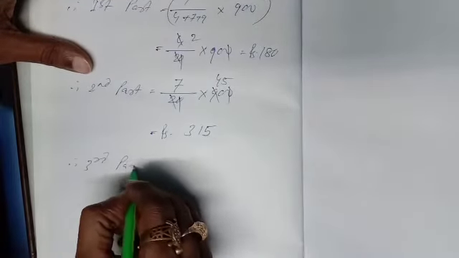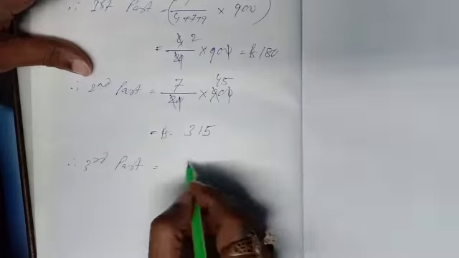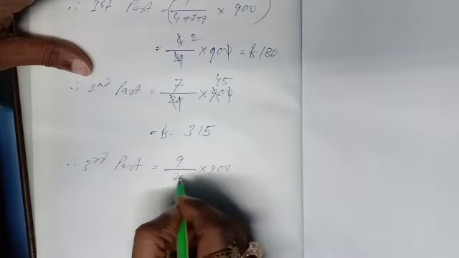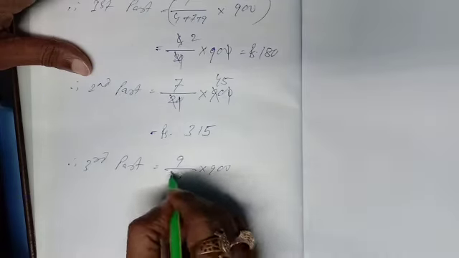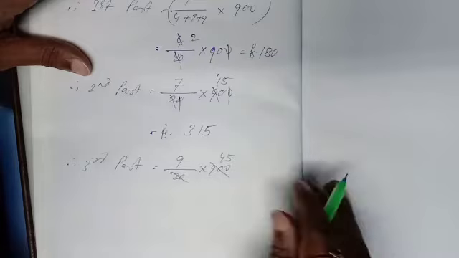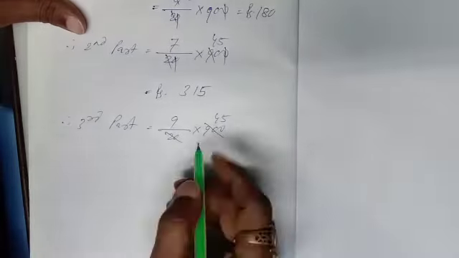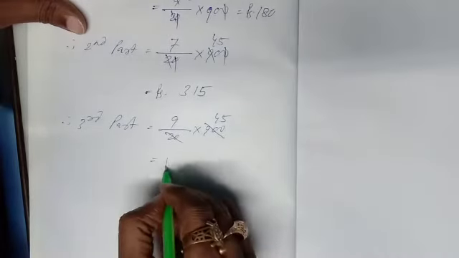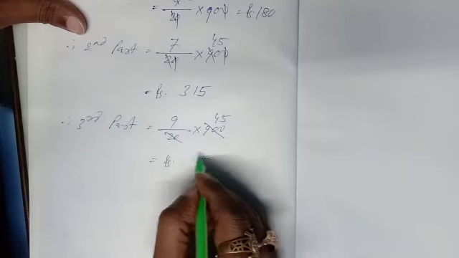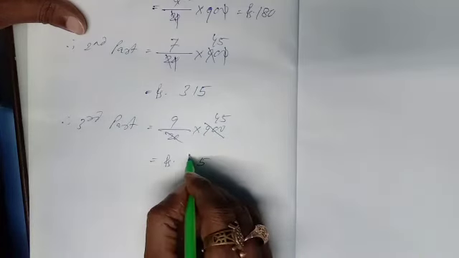The third part will be, the third ratio is 9 by 20 into 900. This will be cancelled. 45 into 9, this will be rupees 405.